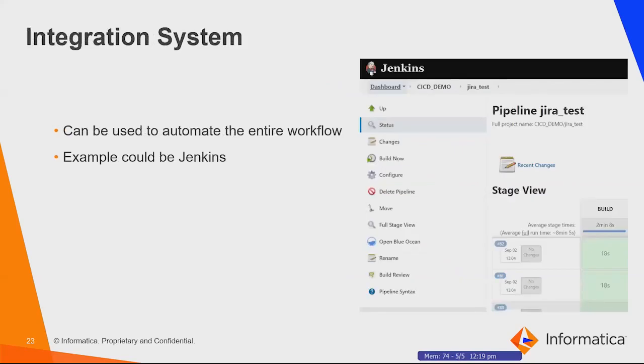Now, as we discussed, another important component is the integration system. A very good example for the integration system will be Jenkins. This can be used to automate the entire workflow.